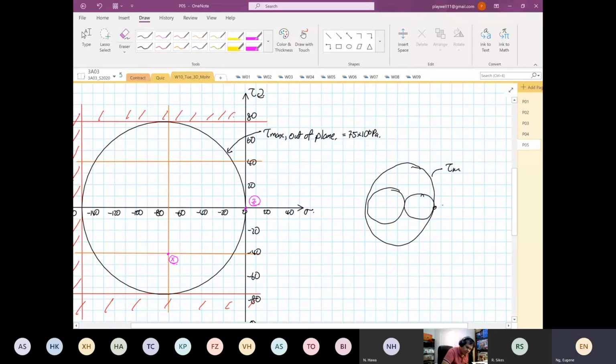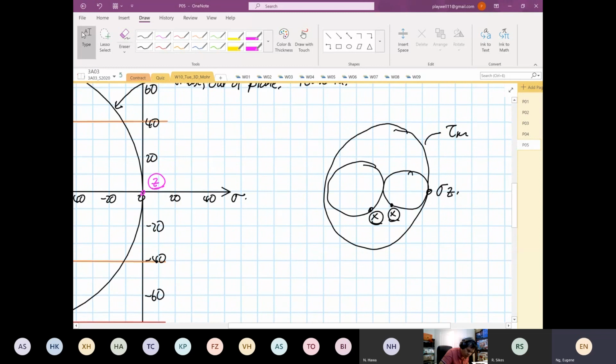Inside, and we know that this is our stress Z. Okay, so if that's the case, this over here is going to be our point X, or somewhere over here is our point X. But okay, I'm rushing. So you have two possibilities, X1 here or X2 here. Yes or no?